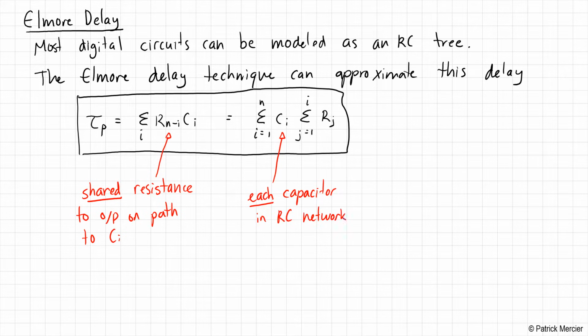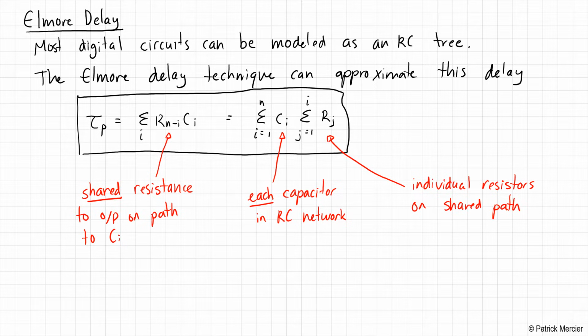So we essentially consider each node that has capacitance in our network, and we multiply by the sum of the individual resistors on this shared path.